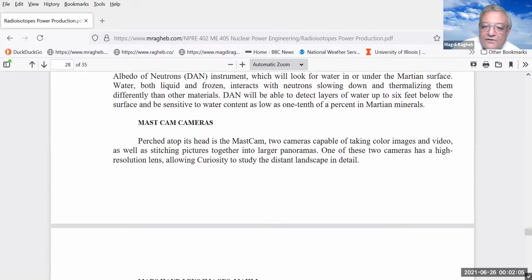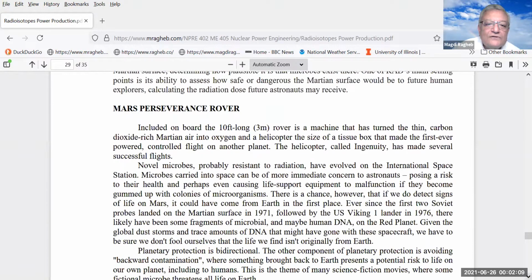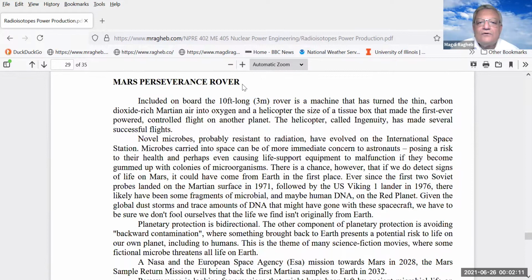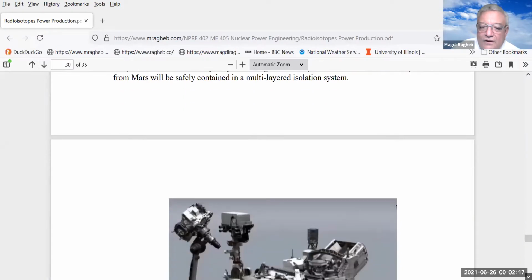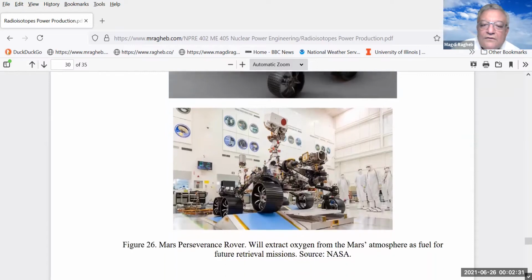And then they had cameras, of course, that brought us a picture from the surface of Mars. The latest rover on Mars is called the Mars Perseverance, and that one is shown here. No photovoltaics anymore, but much more sophisticated, with a dependable, very highly reliable power supply using plutonium-238.